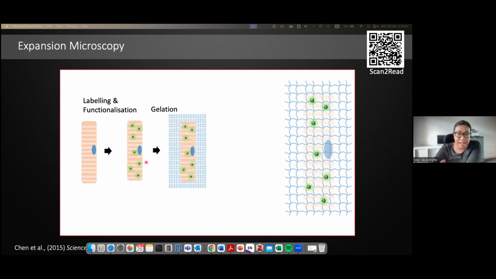In the first step, you do a functionalization, and then you polymerize an acrylamide gel both inside and outside of the sample. The penultimate step is that you perform a digestion or a denaturation that unlocks the mechanical structures that hold the cell or sample together.